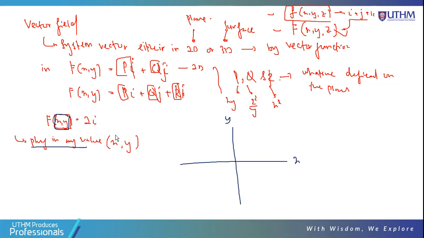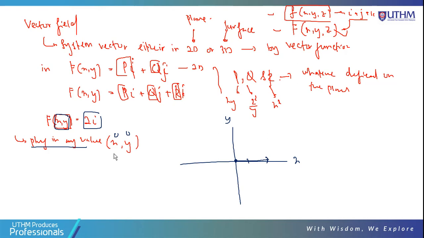If you plug in 0, 0, what will happen here? It still remains. You put 0, 0, it still remains 2i, moving in the direction of i, along the x-axis, moving to 2. So this is point 0, 0.